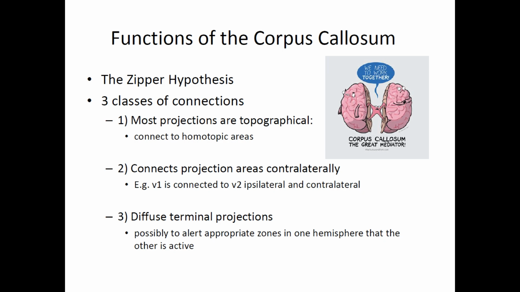For example, your primary visual cortex, or V1, is connected to your V2, not only within a hemisphere but also in the contralateral hemisphere. So V1 sends projections to V2, both ipsilateral and contralateral. And then a group of projections has a diffuse terminal distribution. This is possibly to alert appropriate zones in one hemisphere that the other is active.